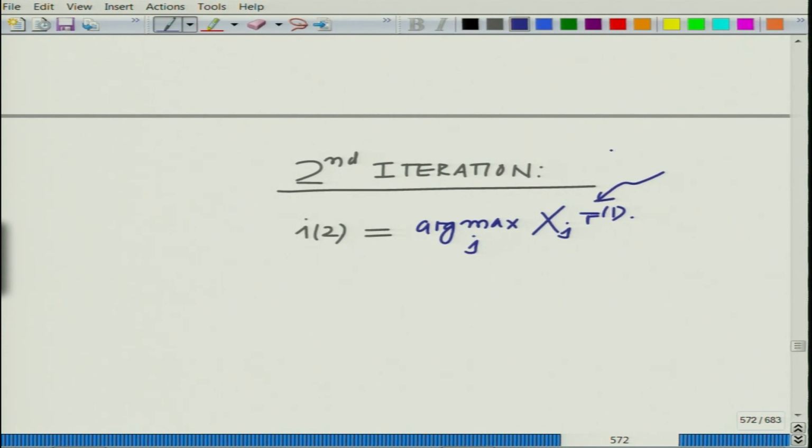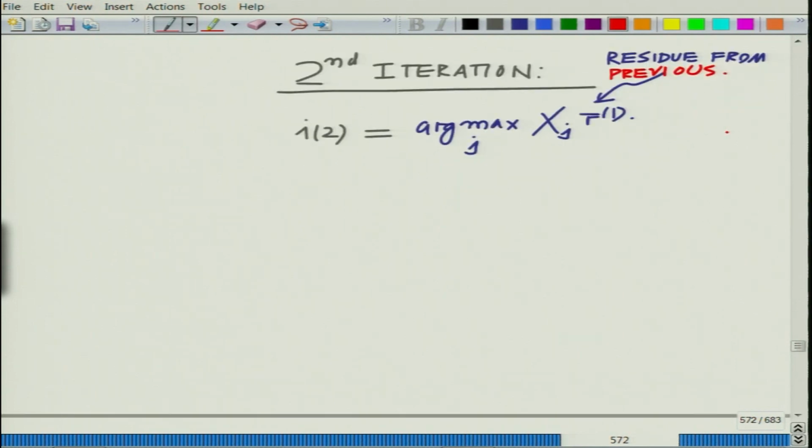This is the residue from the previous iteration, this is the only change, and then you will repeat. And this will be once again, let us compute this using the transpose of the matrix.